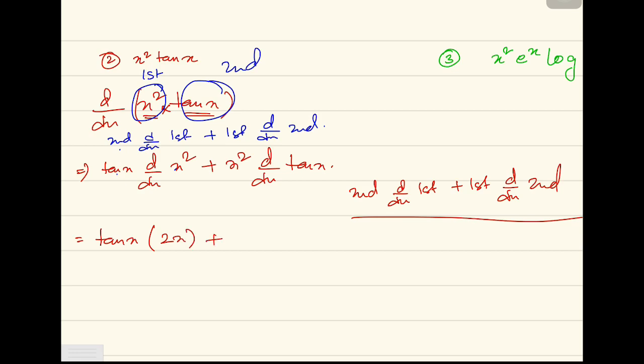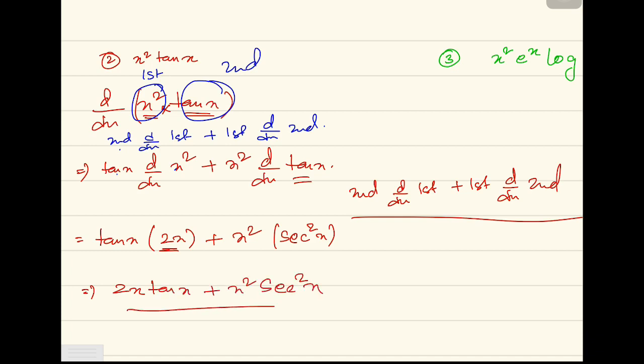Correct? Plus x square. What is d/dx of tan x? Look at the standard derivative. I am following the standard formula. d/dx of tan x is sec square x. So finally I have, it's better to write this 2x right in front, 2x tan x plus x square sec square x. So that's the answer for the derivative of x square tan x.